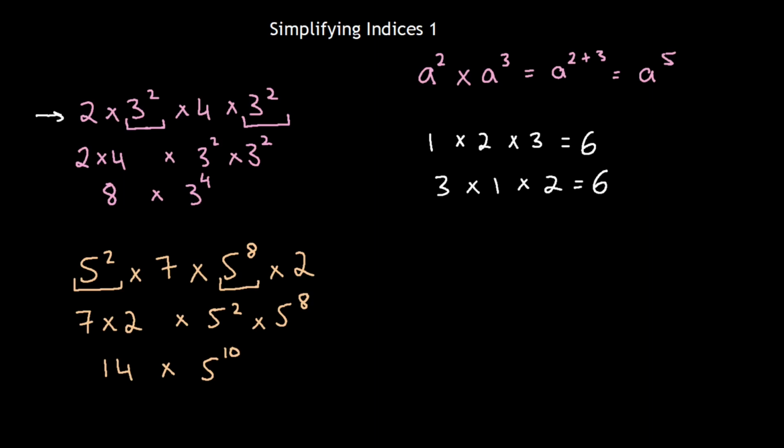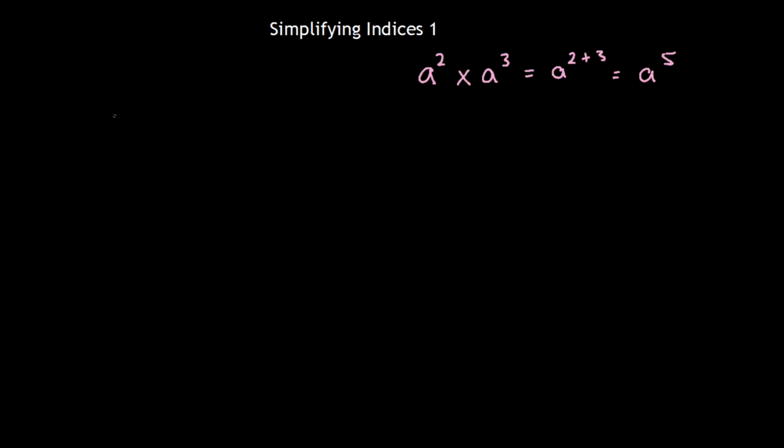Now let's have a look at the negative indices. So I'm just going to make a note of it here at the top. So we're going to have negatives and underline it. So say we had 3 to the power of negative 2 times 3 to the power of 4.